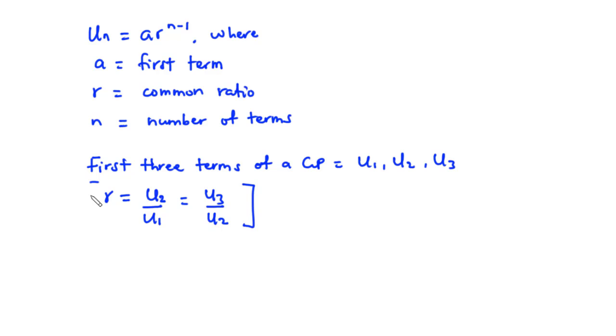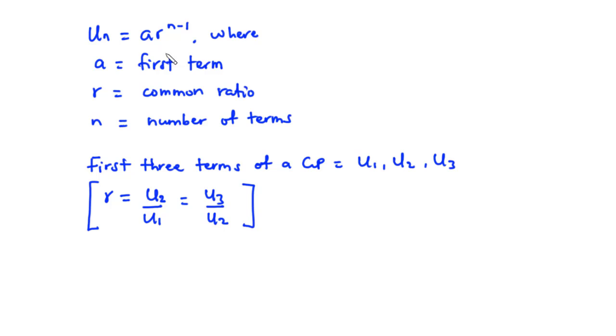So to find the common ratio, it is basically the later term divided by the previous term. So if u2 is the later term, then we have u2 divided by u1, and also if u3 is the later term, then when you divide it by u2, that is the common ratio.